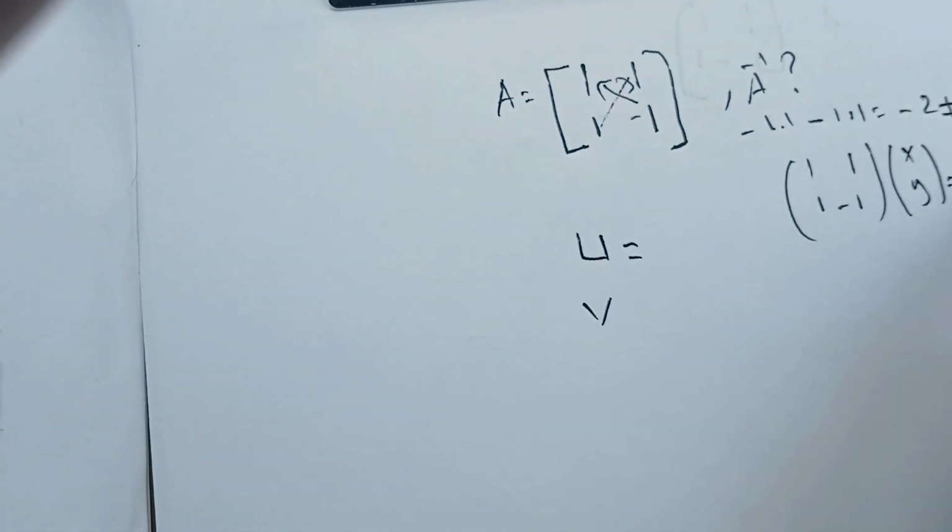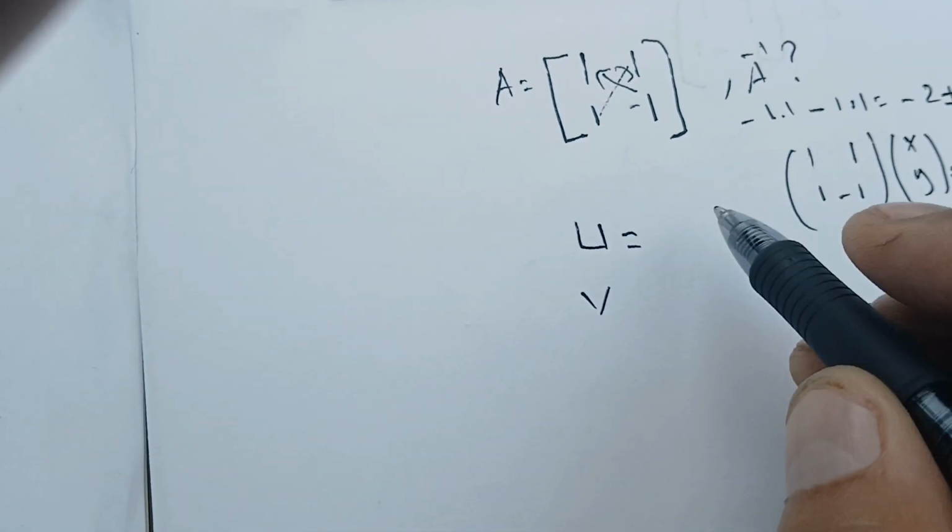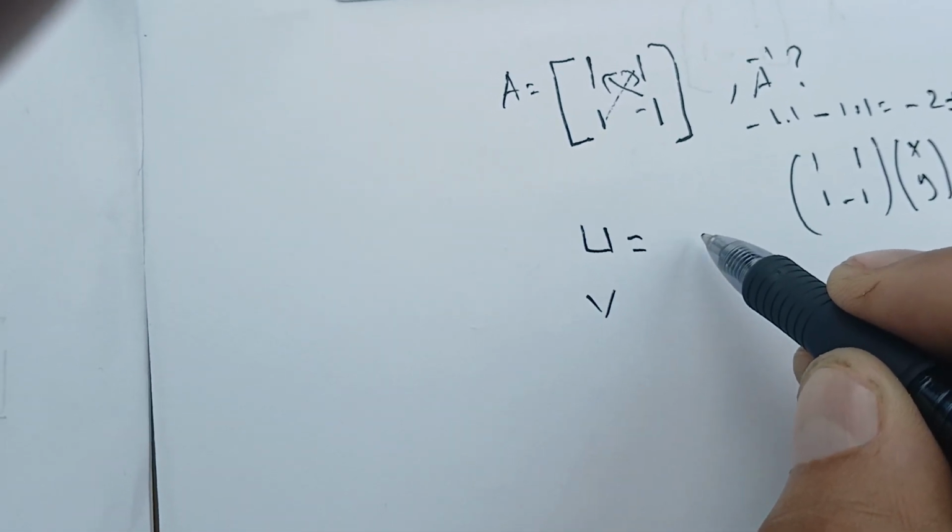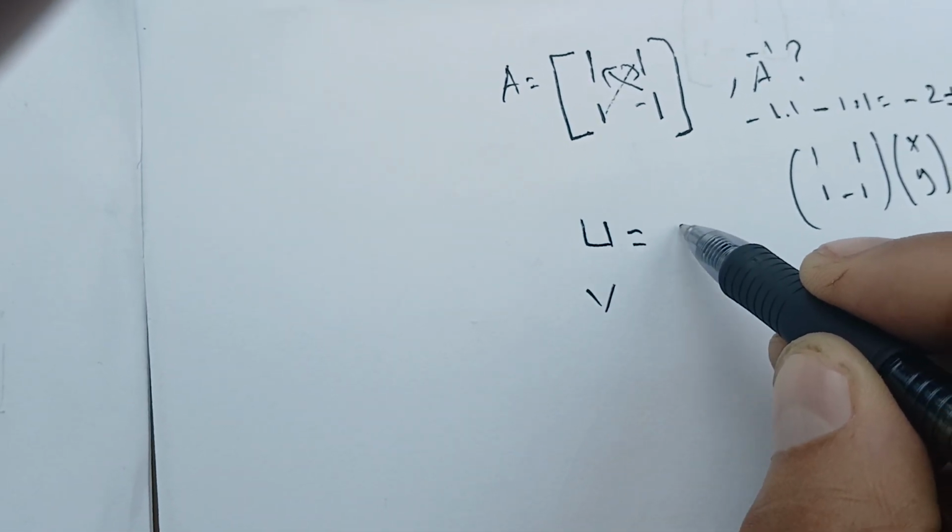So we're gonna call the first component u and the second component v. So this is x plus y and this is x minus y.